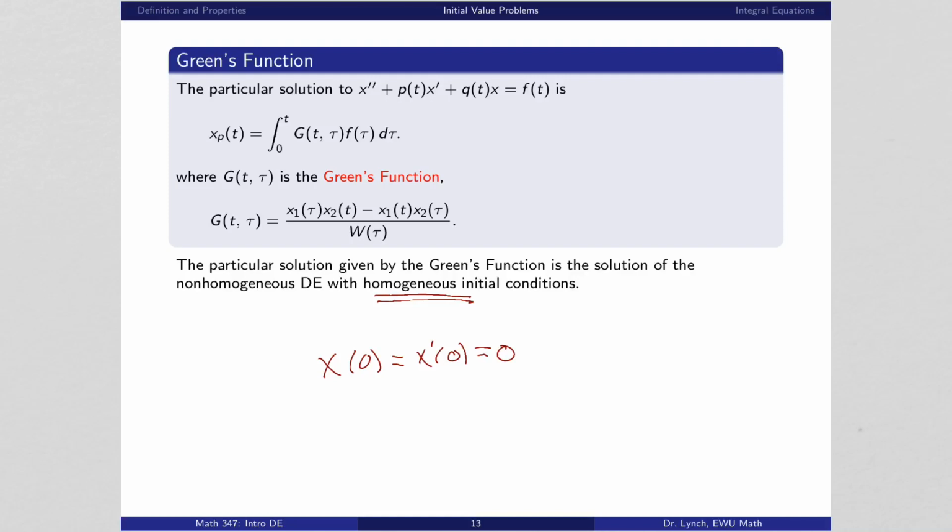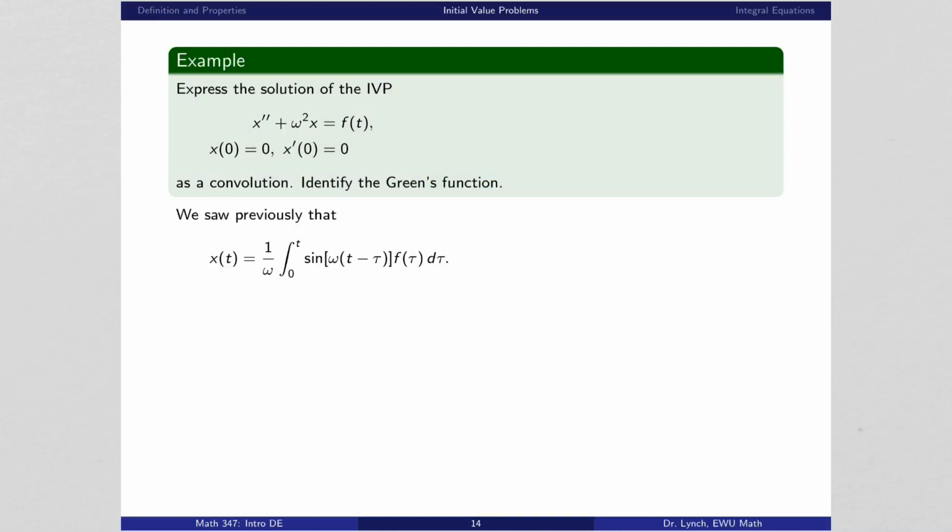So in this particular case, we'll go ahead and return back to this differential equation with the arbitrary right-hand side except with homogeneous initial conditions. And we've seen previously that with those homogeneous initial conditions, the solution x of t can be written as this function.